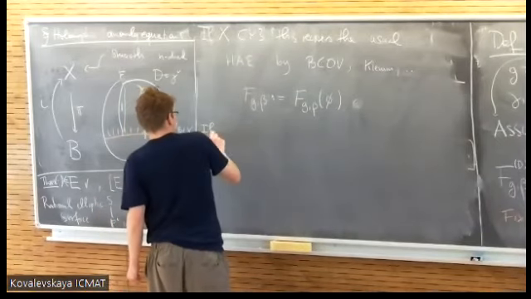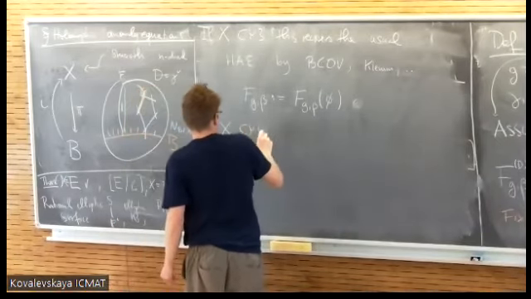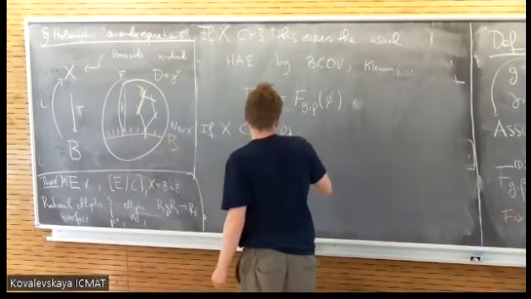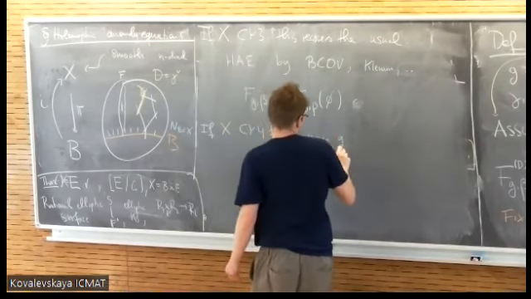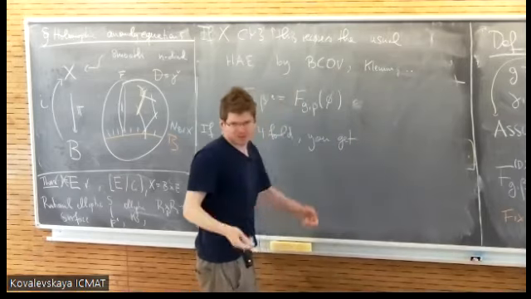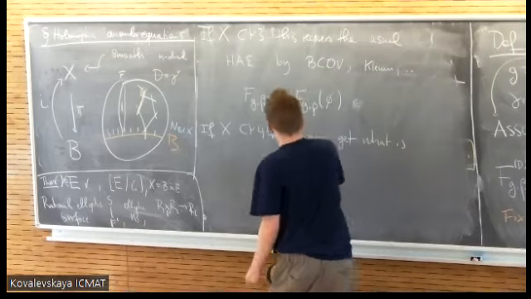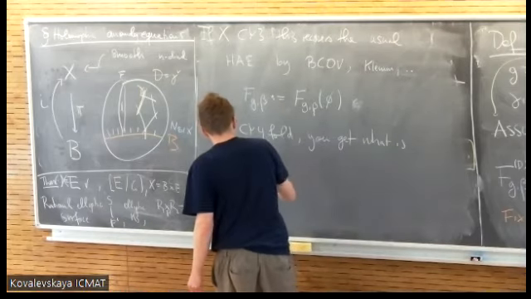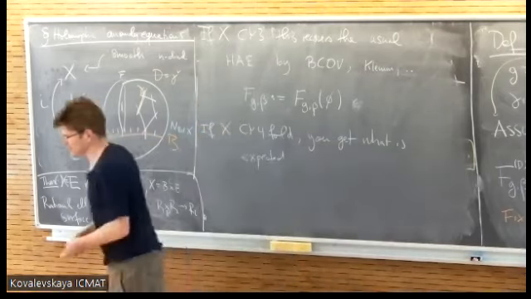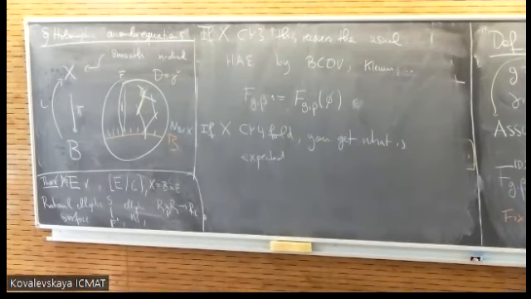And then if X is a Calabi-Yau fourfold, you also get what is expected. I learned this, and it matches what was known in the paper.